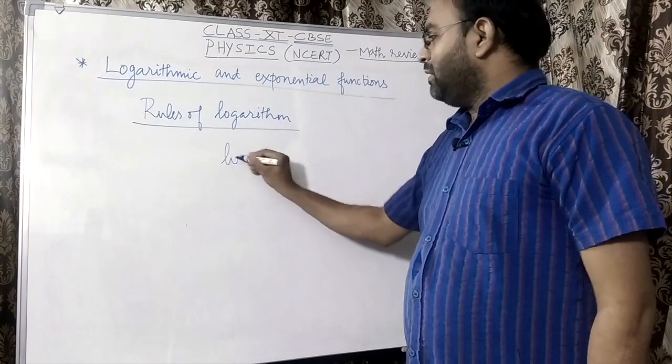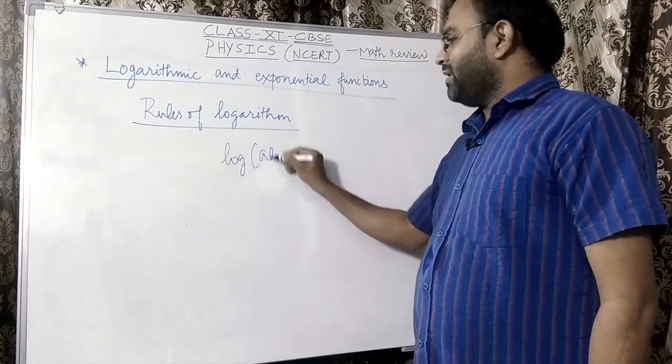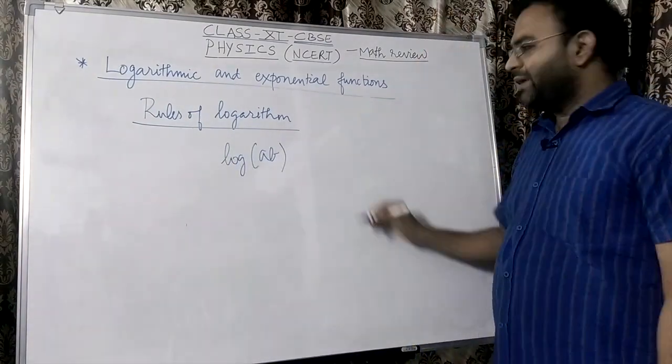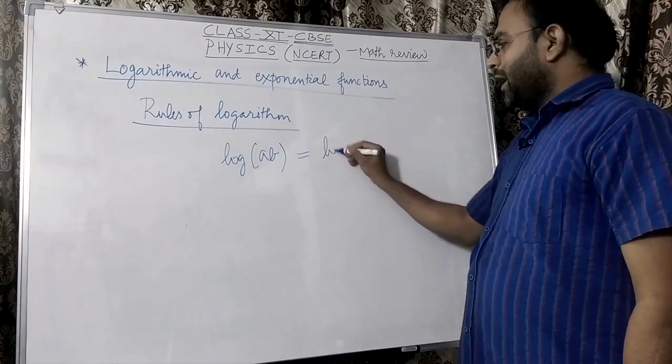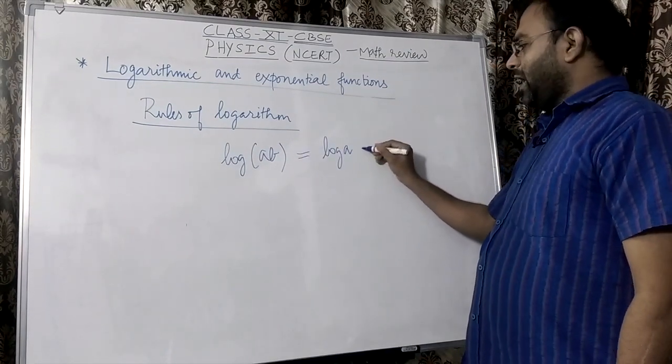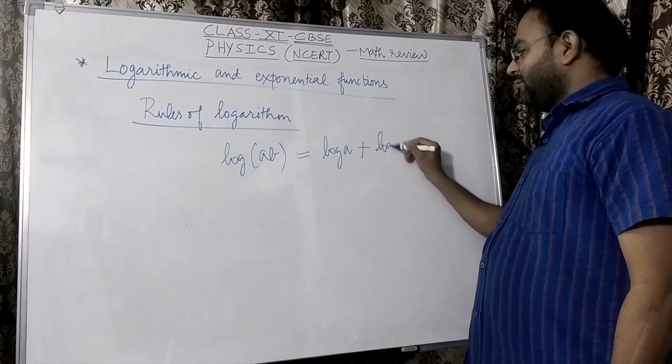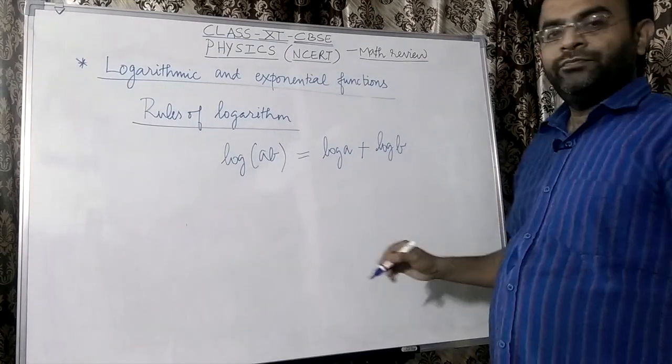For example, logarithm of product of two numbers, let's say a and b, is equal to individual logarithm of a plus individual logarithm of b.